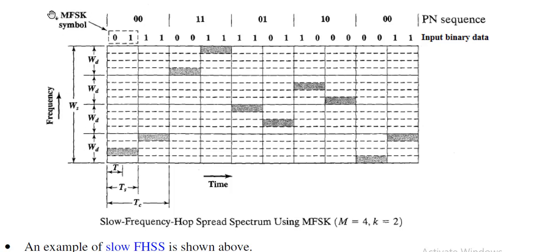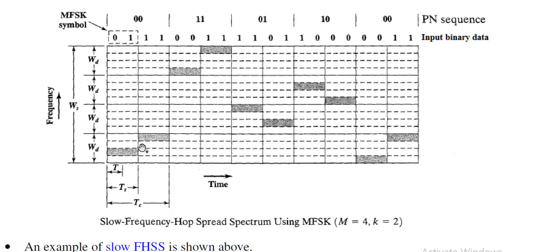If we are using only MFSK, we need only 1 band, this band. This is enough for MFSK, since we want to encode 2 bits, which means we need 4 frequencies or 4 bands, F1, F2, F3, F4 to encode 00, 01, 10 and 11.